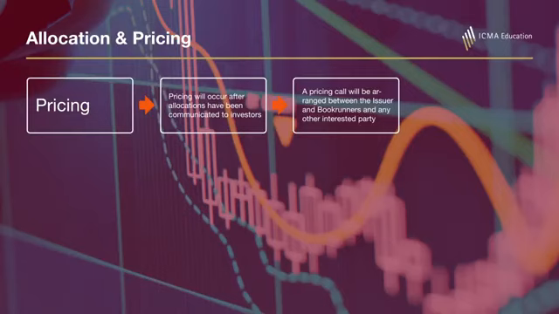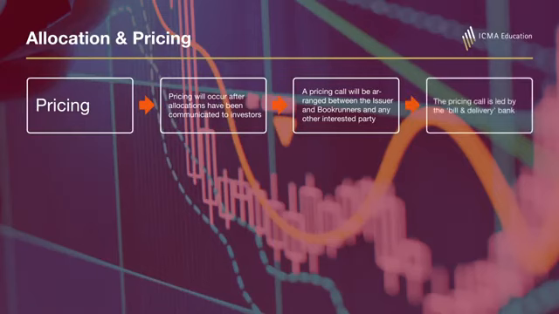The legal team usually participate in that process as well. And it's led by the bill and delivery bank, so this is the settlement bank. One of the book runners will have been given the task of documenting and arranging the settlement of the deal, and it's that bank that organizes the call on the day of pricing.